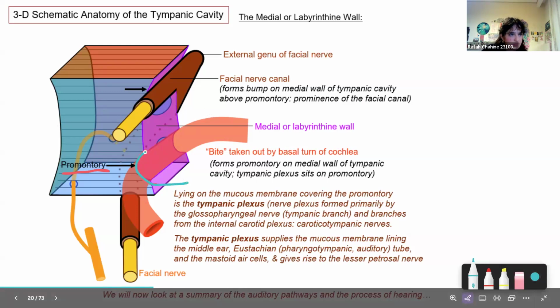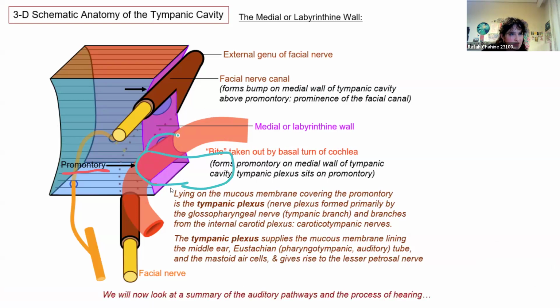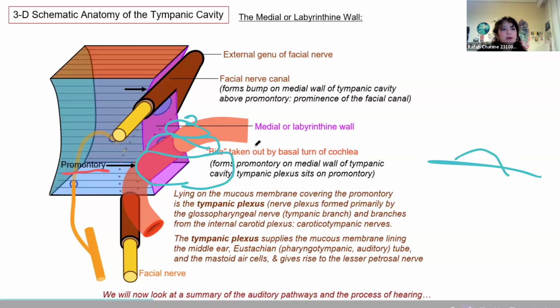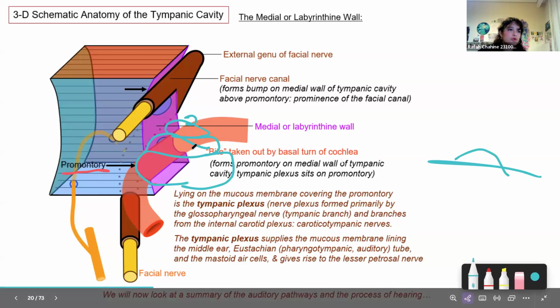So let me draw the cochlea, okay? This is essentially what the cochlea is going to look like. Promontory, in case you don't know what that means, is usually used in terms of a body of water and a rock sticking out of it, okay? In our case, we're talking about a bite being taken out by the basilar turn of the cochlea.